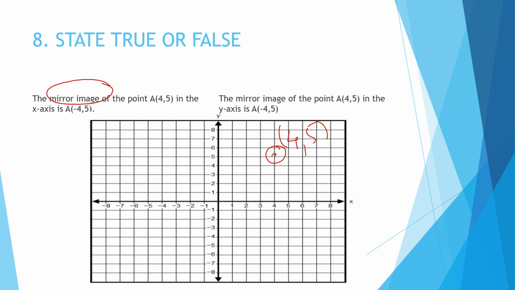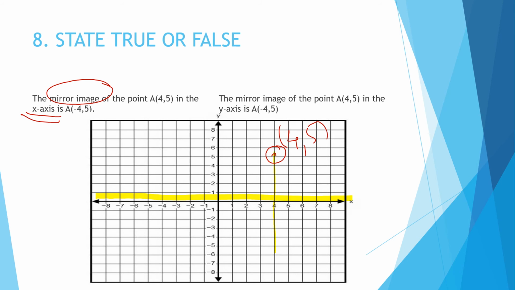How can you draw its image if your mirror is the x-axis? So consider that the x-axis is acting as a mirror. What will be its image? Exactly at the same distance here.